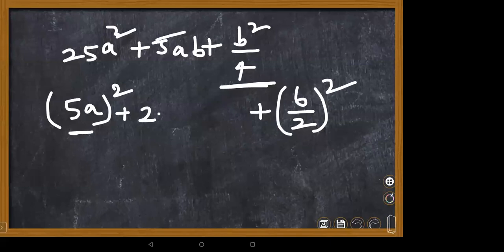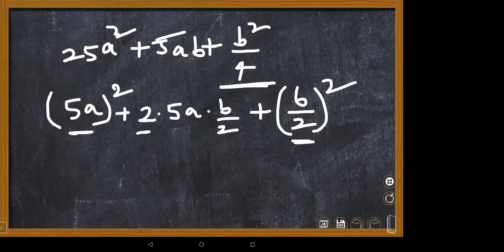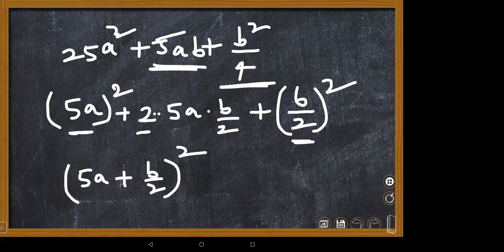Now come on to 2ab. 2 into 5a, then b, then you have b by 2. So if I cancel this 2 and this 2, you will get 5ab. So 5ab is matched here. Very good. So what we are doing is absolutely correct. So 5a plus b by 2 whole square we can write.